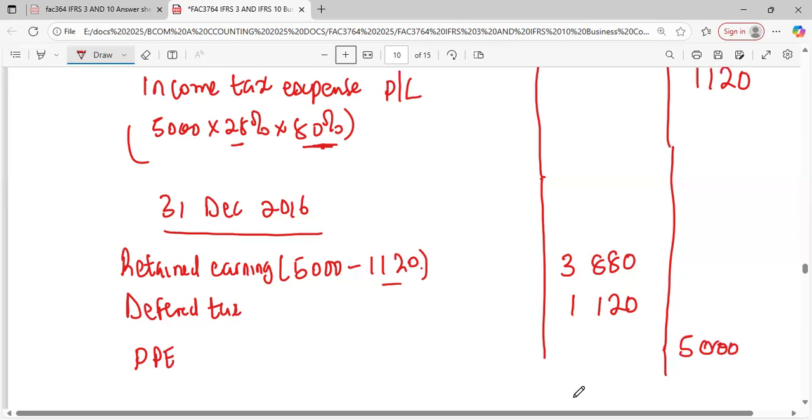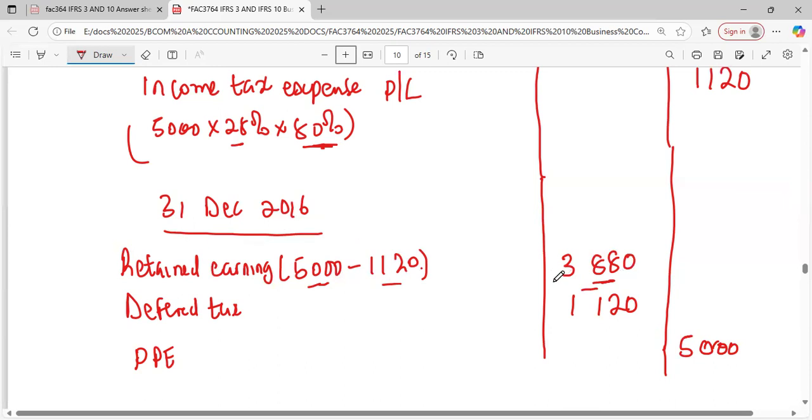I think that's the journal that we'll want in the following year. So which means it's going to affect our retained earning here, because this profit, when we go to 31 December, it will be in the retained earning. So we're going to eliminate it from the retained earning. So that's basically what it means here in 2016.